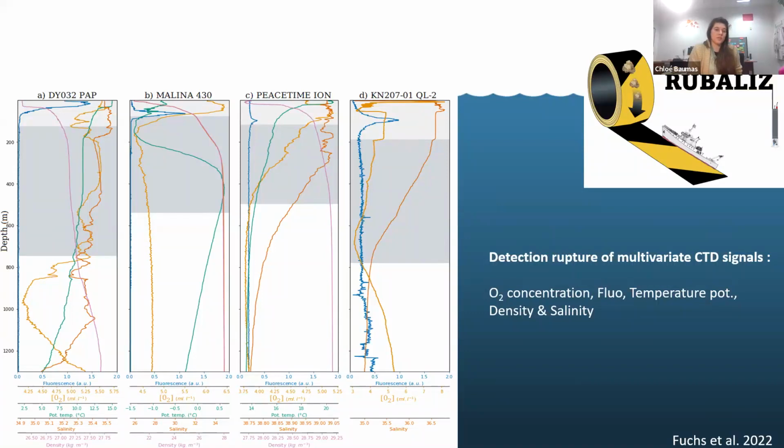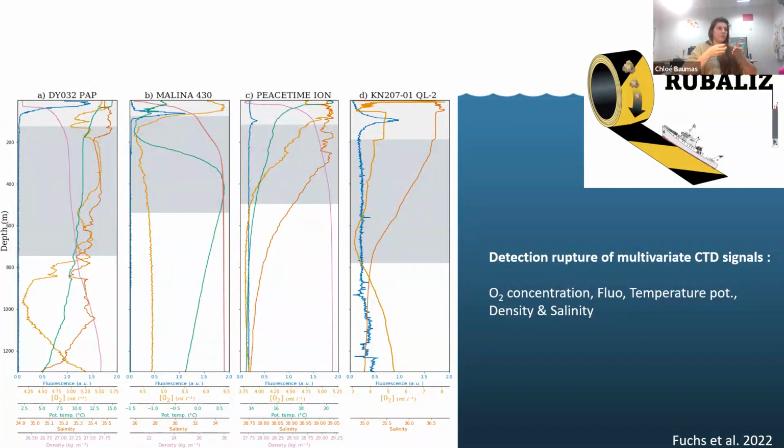What I observed, because I use only data from previous cruises, is that when you have a long cruise, if a weather event occurs, then the profiles can be completely different, and it's not really relevant to mix all the CTD profiles together, so you need to run the method a few times for one cruise.